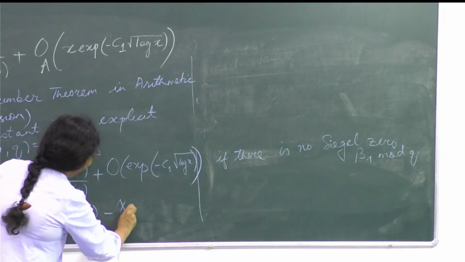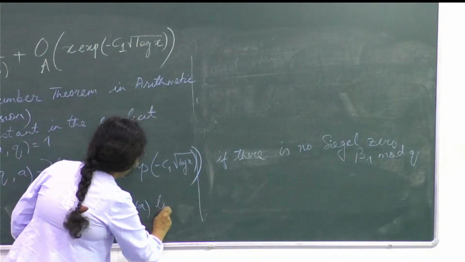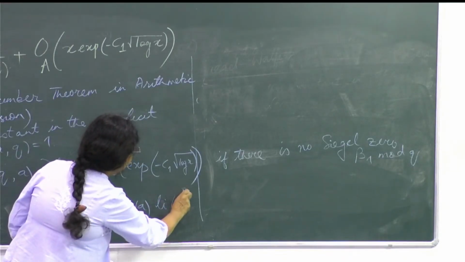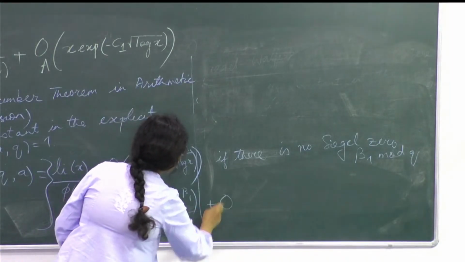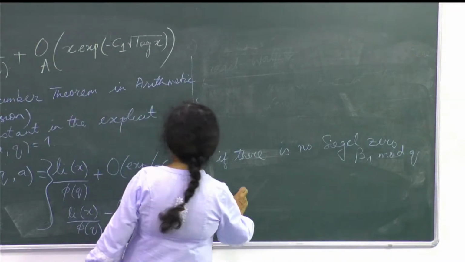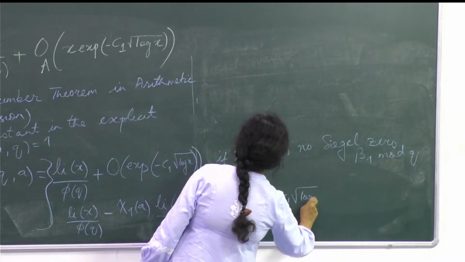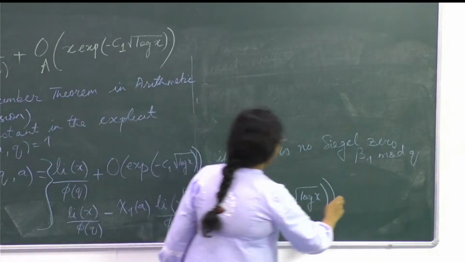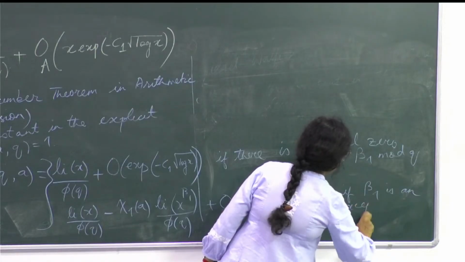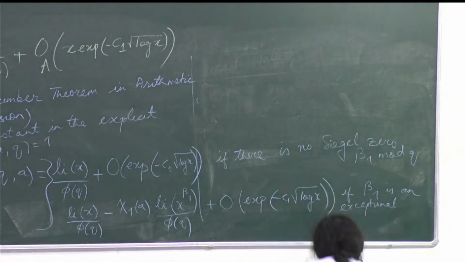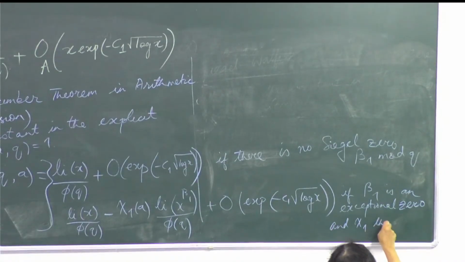So this is chi1 of a, where chi1 is the exceptional character, times the logarithmic integral of x to the power beta 1 over phi q, plus I get the big O again, exponential of minus c1 square root of log x, if beta 1 is an exceptional zero and chi1 the exceptional character.